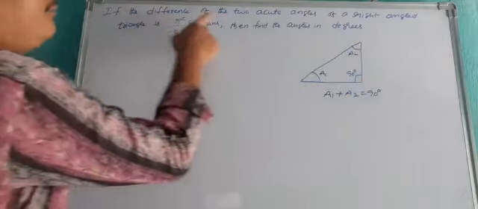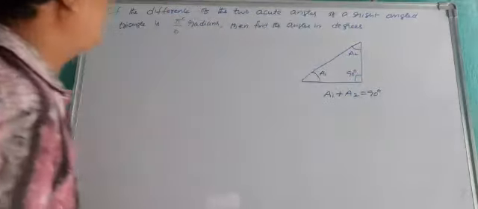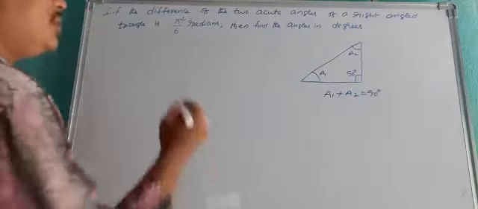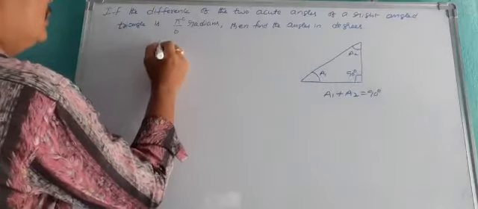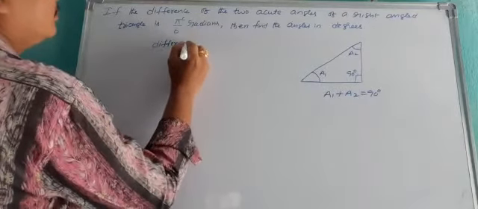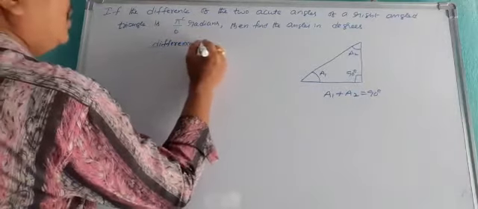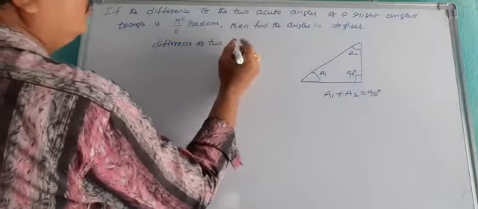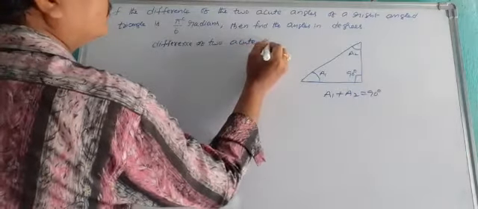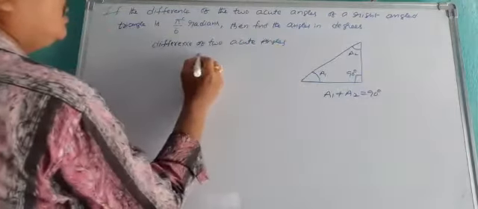The difference of two acute angles of a right angle triangle is pi radians by 6.